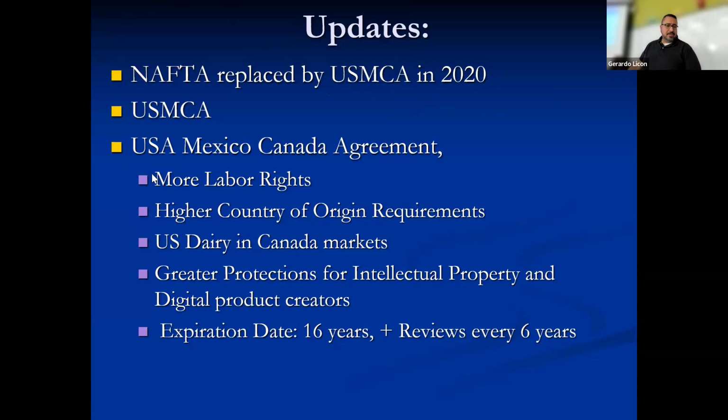These are some of the main changes that were required in USMCA: requiring more labor rights, having a higher country of origin requirement, meaning, in order to say something is made in the USA, they need at least a certain percentage of the components to actually be made in the USA, for example.